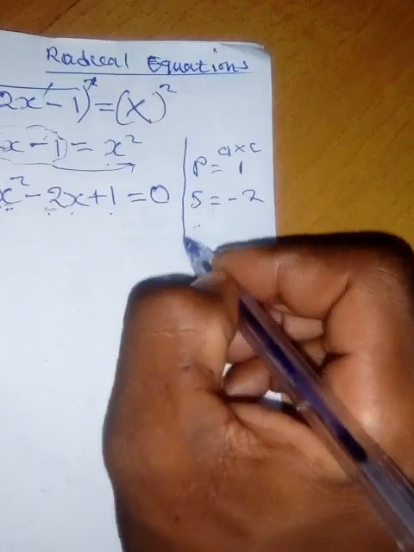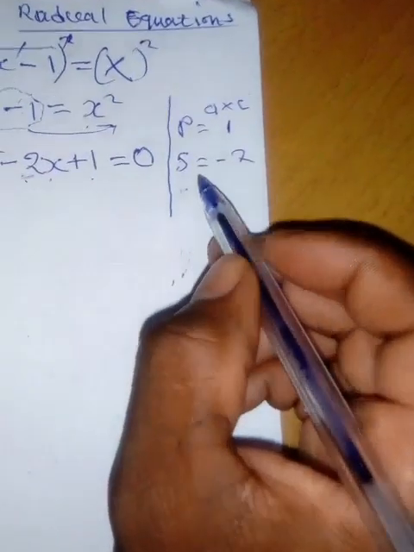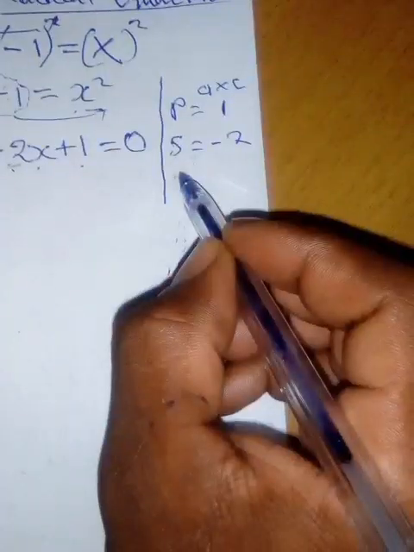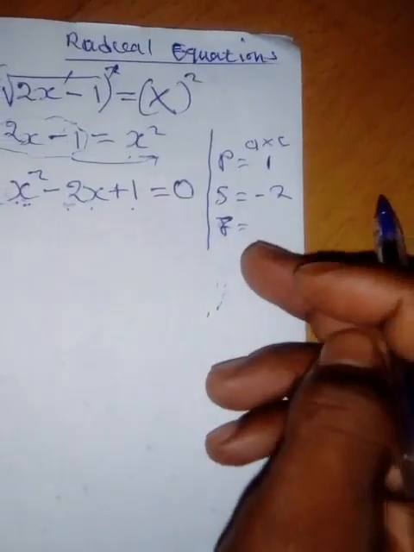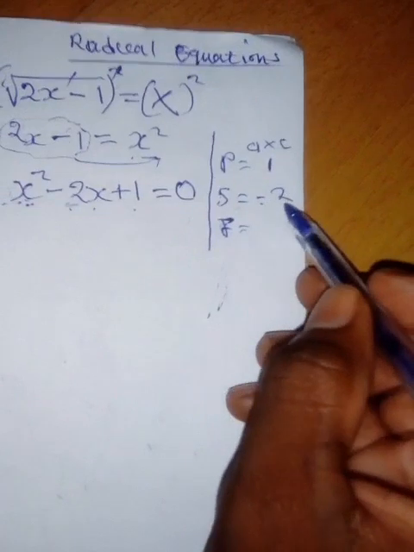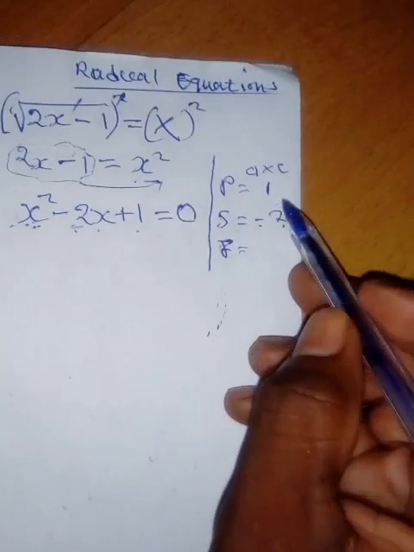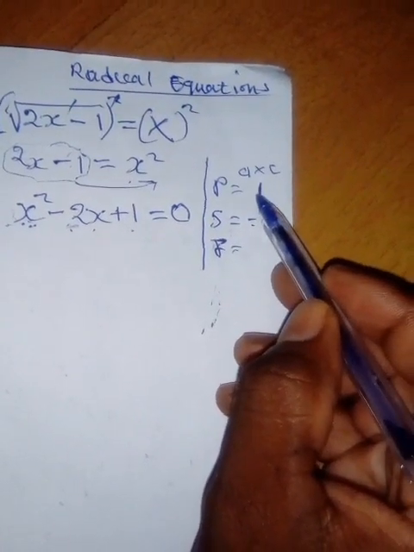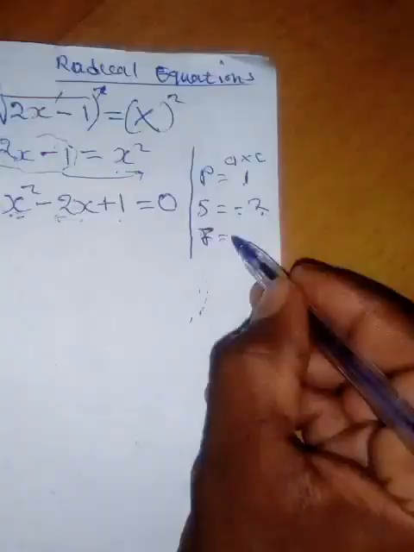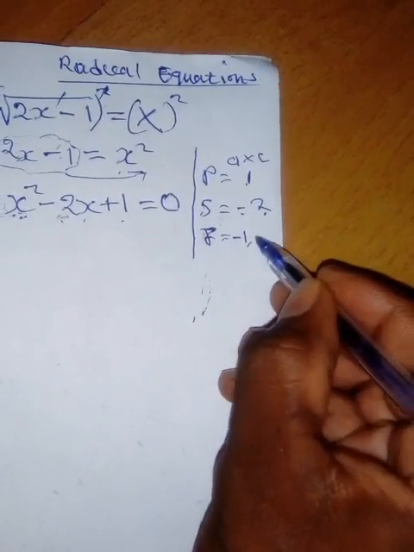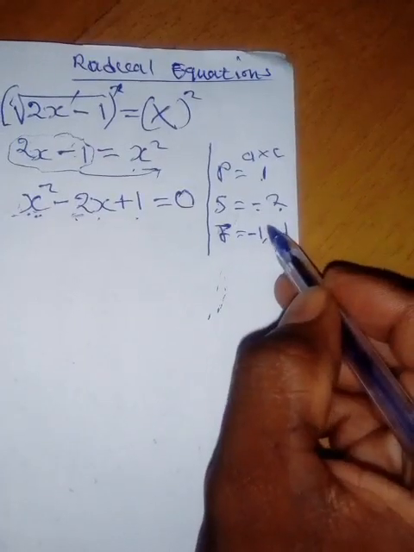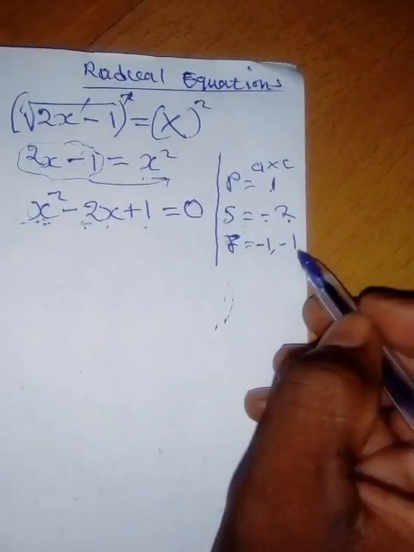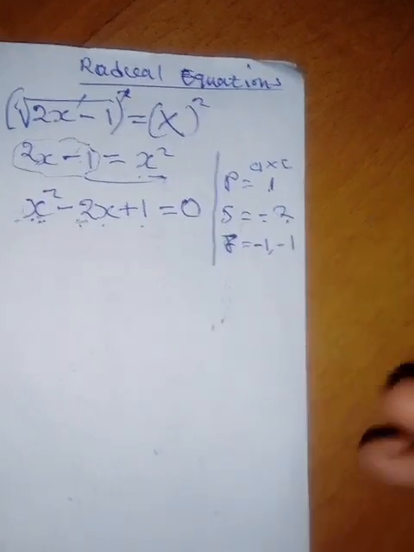Then we need to find the factors, the two numbers that when we add them give us negative 2, and when we multiply them give us positive 1. We can just use negative 1 and negative 1, which is simple and straight. If we add them, they give us negative 2, and if we multiply them, they give us positive 1.